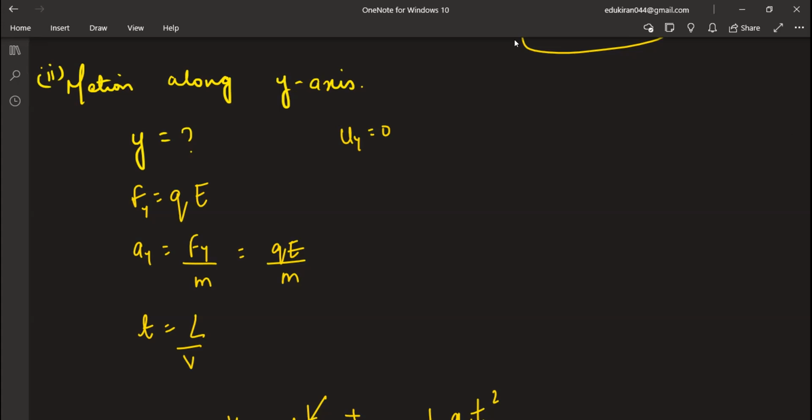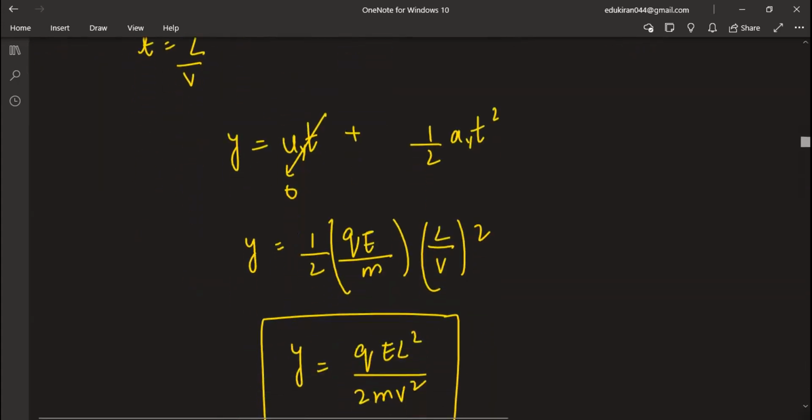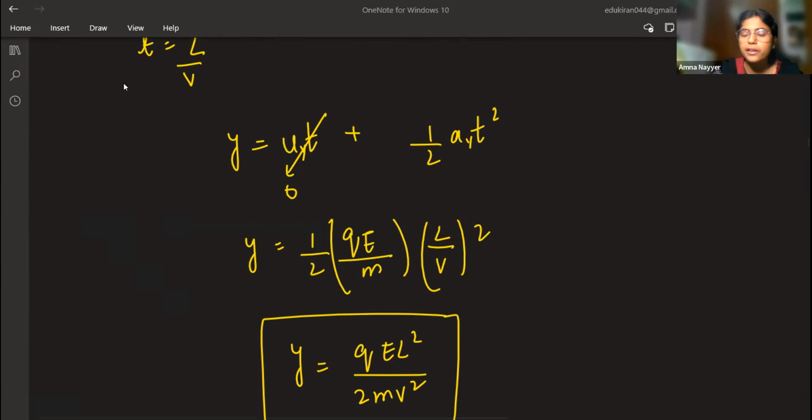Okay, ma'am, you can scroll down. Just text me done once you have written till here. Y is equal to QE L square by 2M V square. In the chat column, once you have finished writing, just text me done.